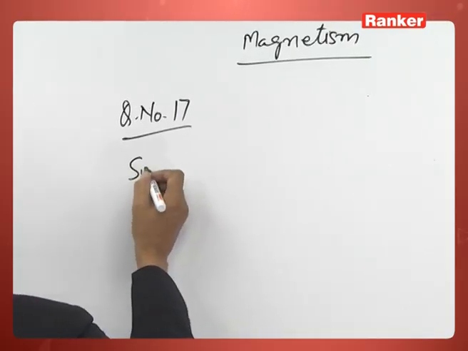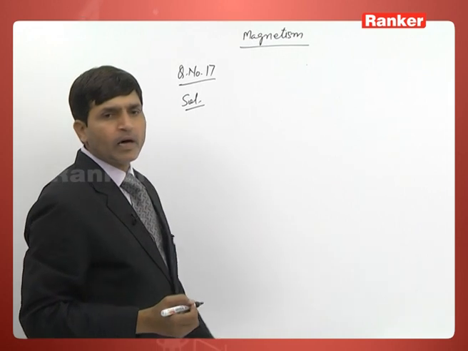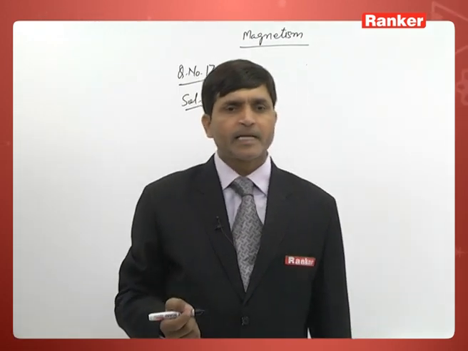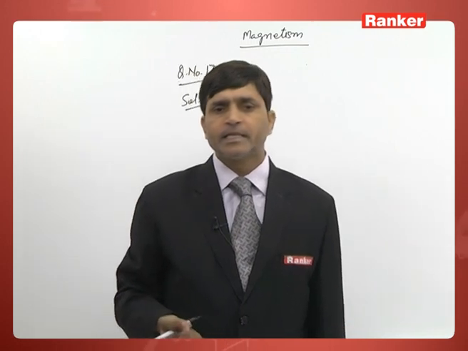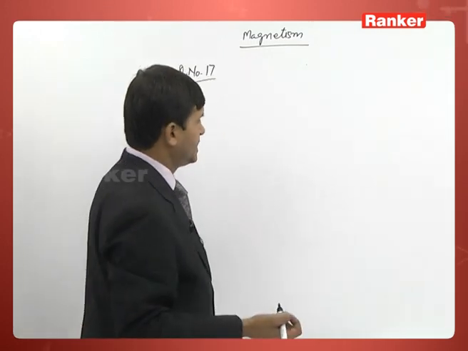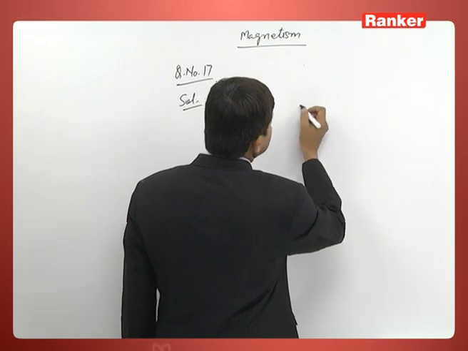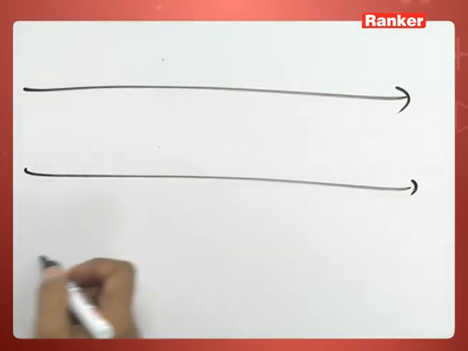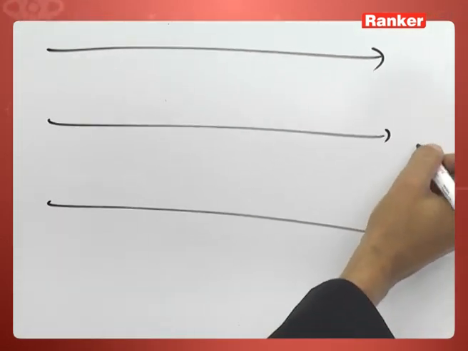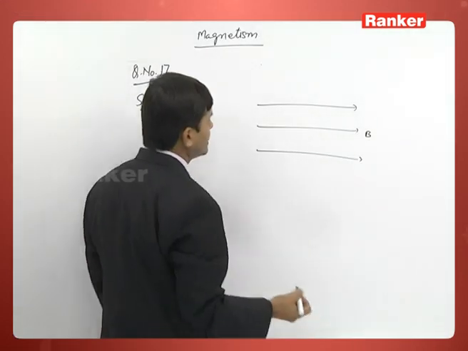In the question, first they are saying the work done in rotating the magnet from the direction of the uniform field to the opposite direction to the field. Let this be the magnetic field direction.